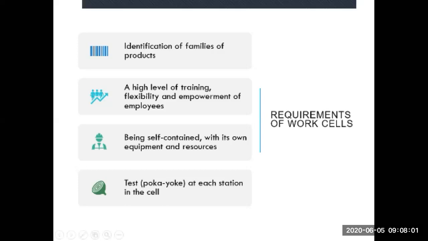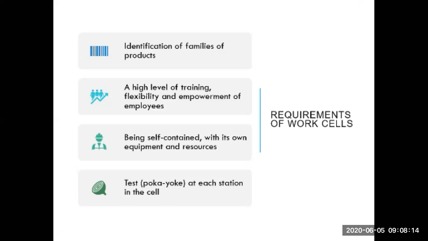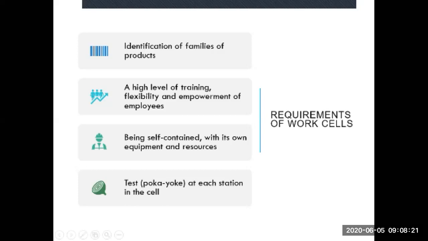And then usually you need a high level of training and flexibility of the employees. You need to train because the machine also usually is very specialized, and you have to empower the employees to make certain decisions. The cell is usually self-contained, with its own equipment, and the company has to assign special resources.